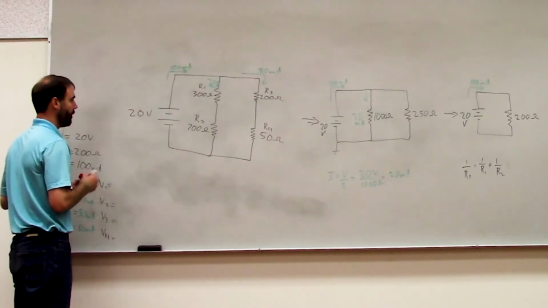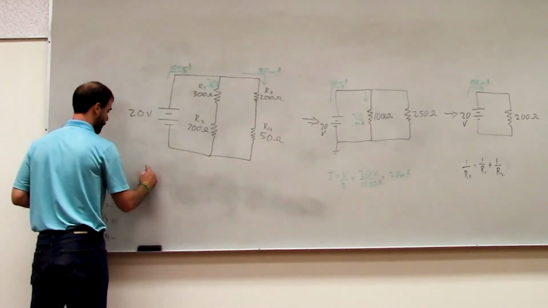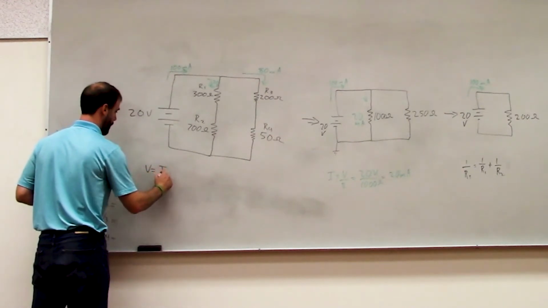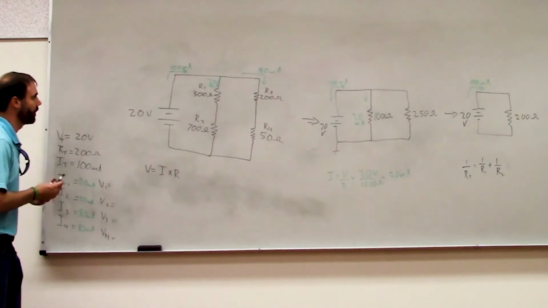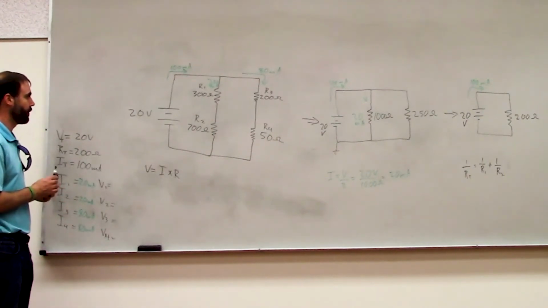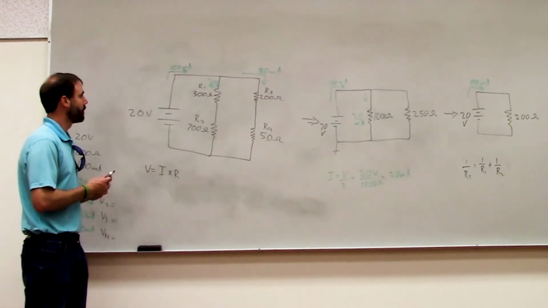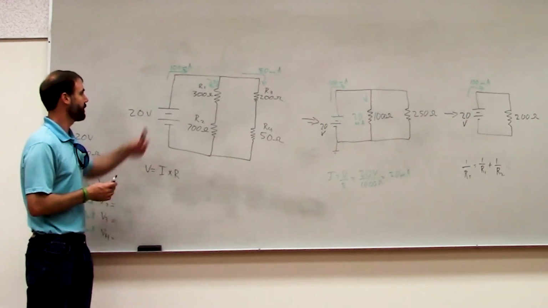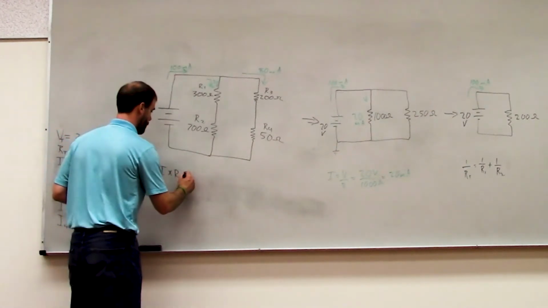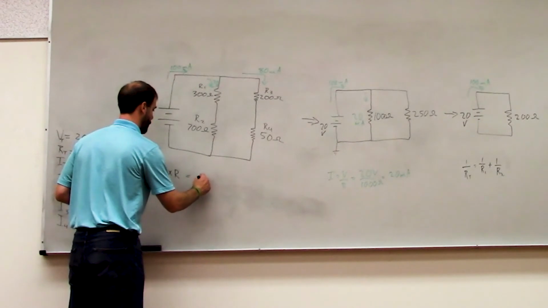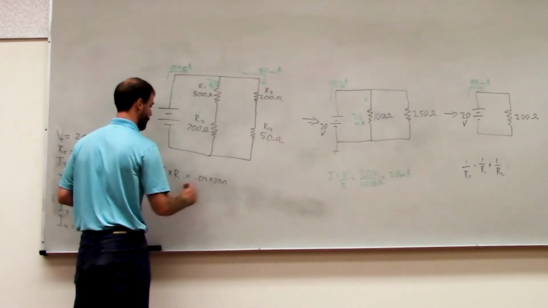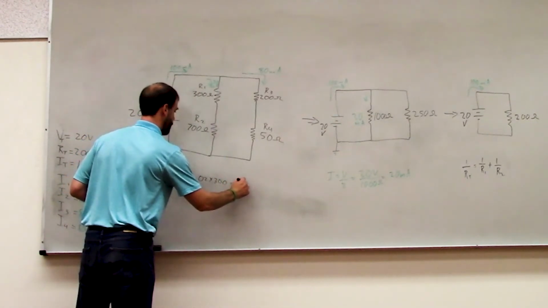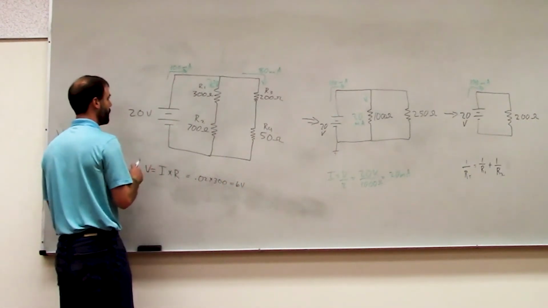So we know that V equals I times R. So 20 milliamps times 300 ohms. So for R1, this is 0.02 times 300. So that's 6 volts.